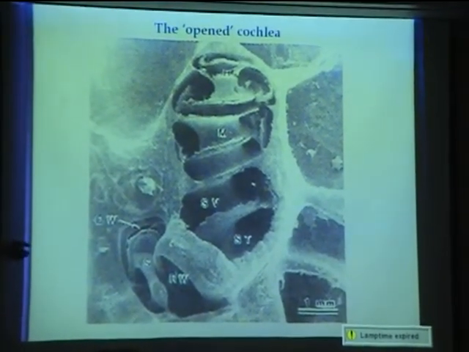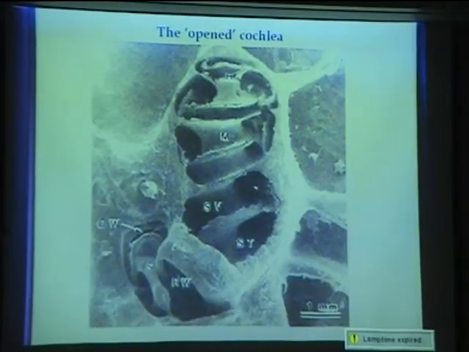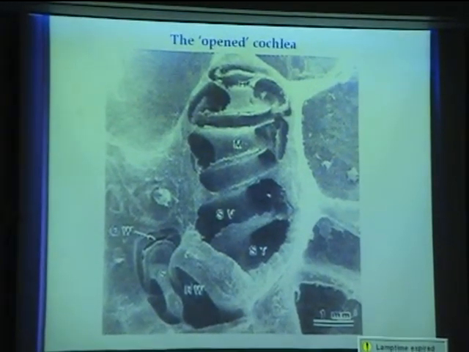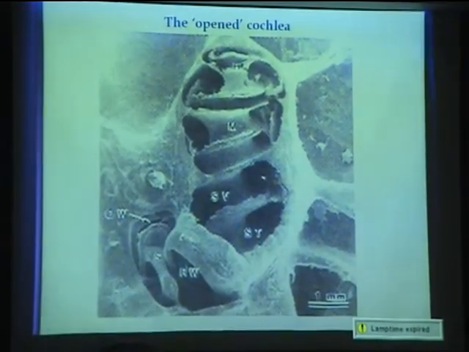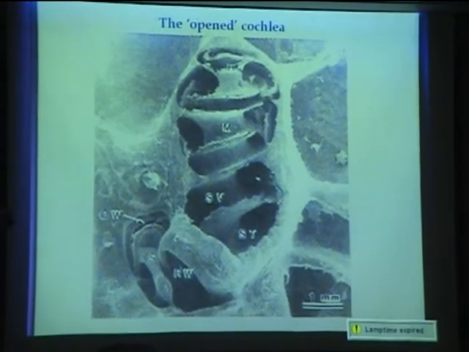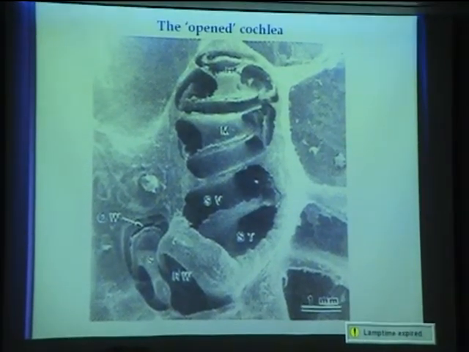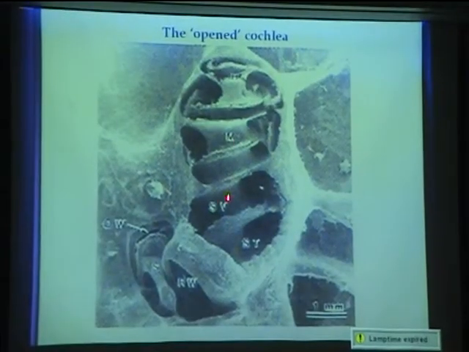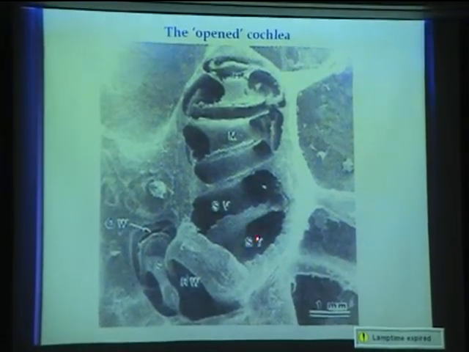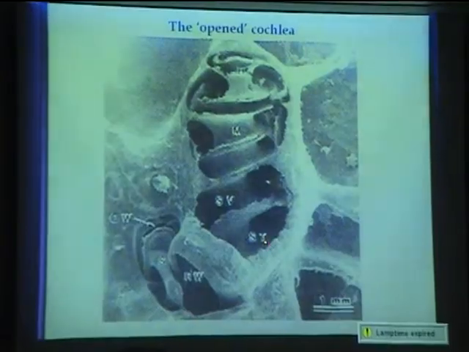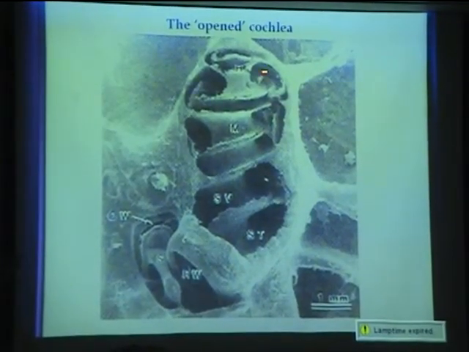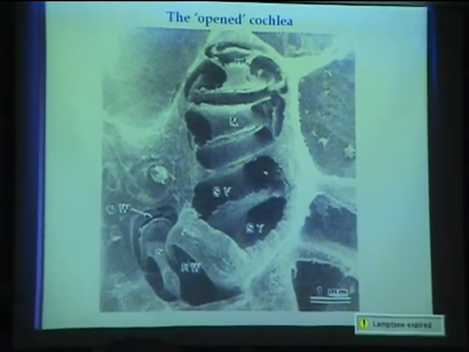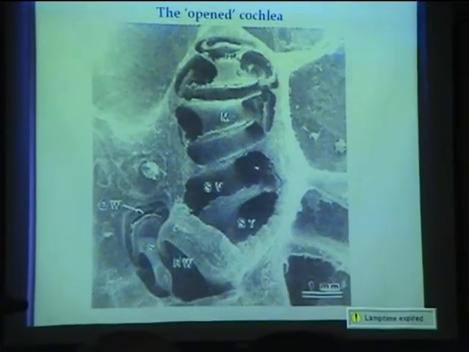And right in the middle you have the modiolus. The modiolus is very important because that's where all the neurons congregate and go to form the auditory nerve. And where we want to get as close to this modiolus as possible with the electrode that we put in during cochlear implant, and the electrode actually goes right round into the scala tympani, from where it has very easy access to the nerve fibers.